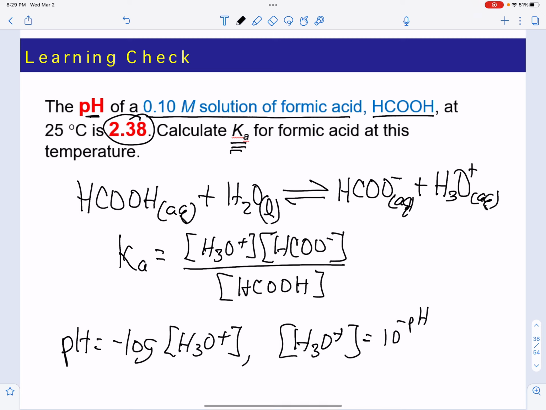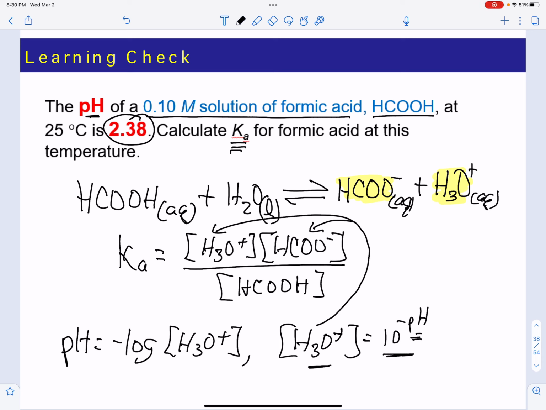Remember that one? Since we know the pH, we can use this formula to calculate the hydronium concentration at equilibrium. And since we know that the hydronium is 1:1 to the formate, or the conjugate base of the acid, it also gives us the concentration of the formate.